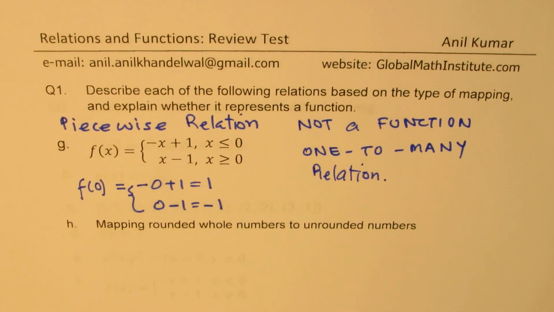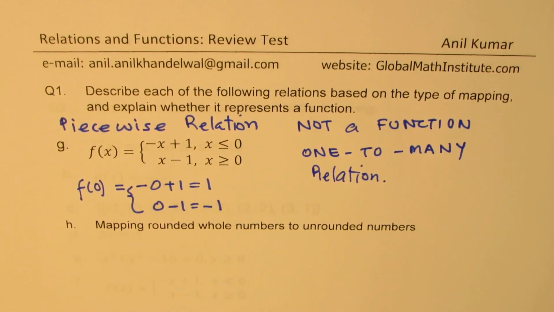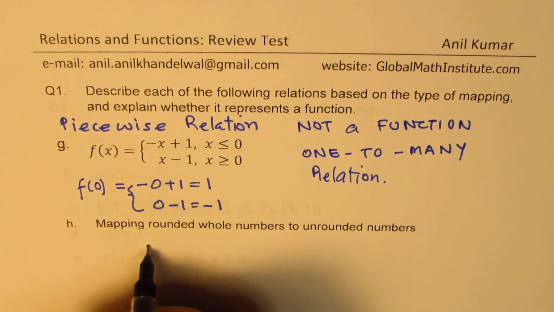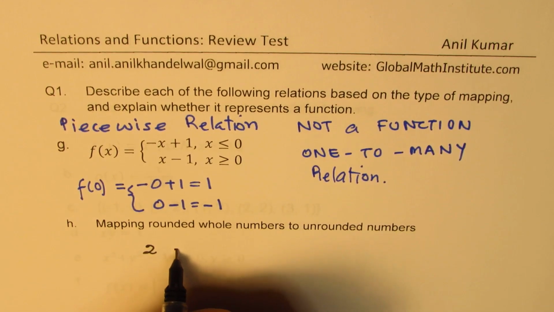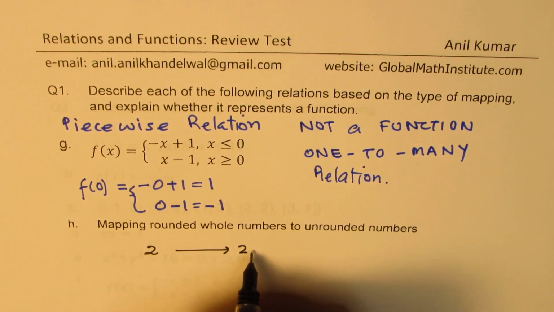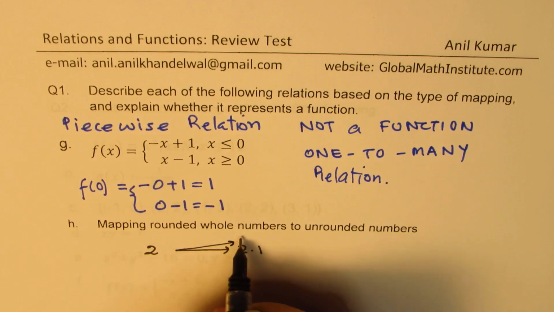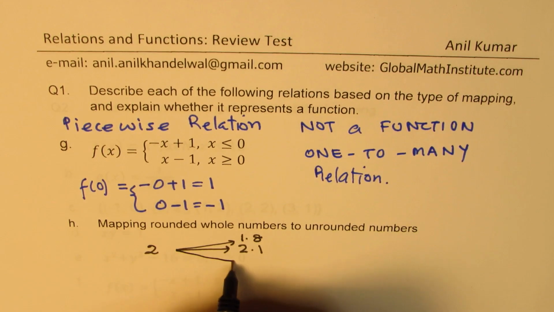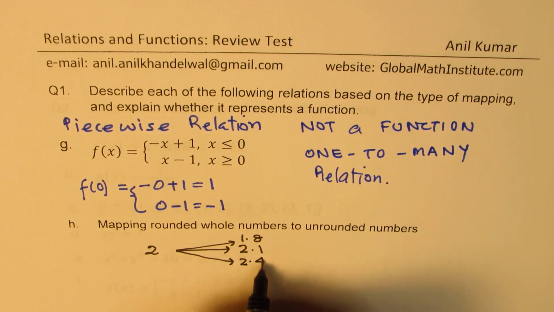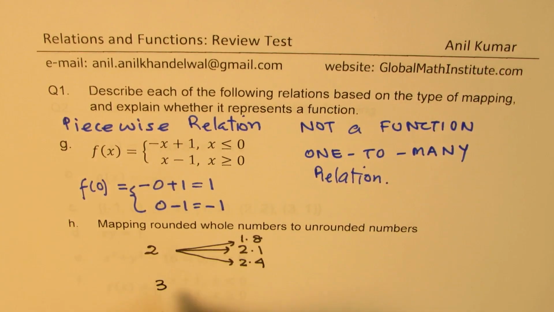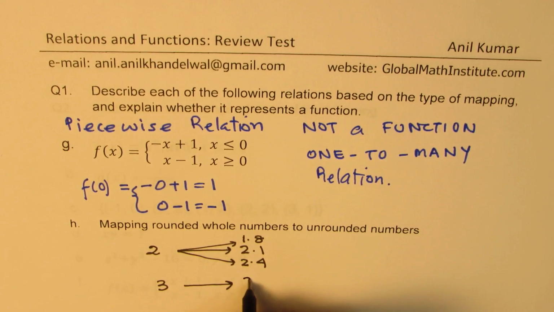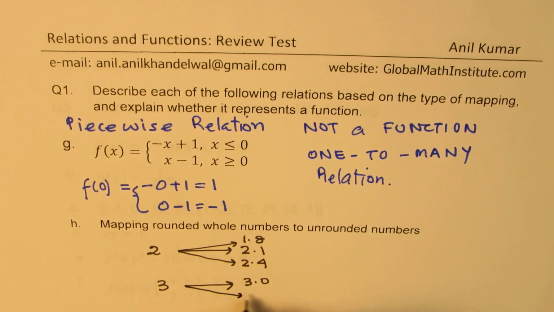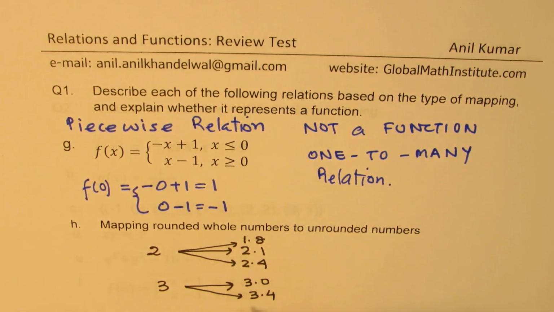Is that clear to you? The last part of this question number 1 is mapping rounded whole numbers to unrounded numbers. What does that mean? Well, let's take an example. If I have the number 2, it can be linked with 2.1, it can be linked with 1.8, it could be linked with 2.4, for example. The number 3, for example, can be linked with 3.0, 3.4, and so on, correct?